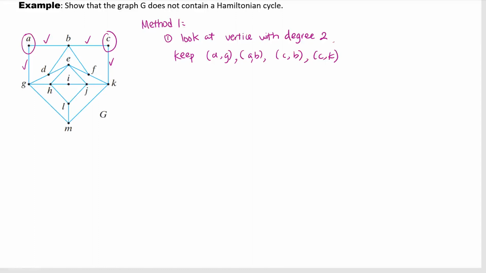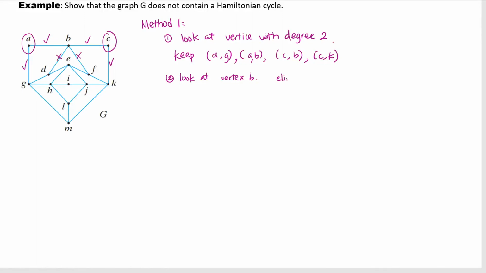Then next, because every vertex in the Hamiltonian cycle has degree 2, let's look at vertex B. Now we keep the edges AB and BC, right? So we need to eliminate the rest.